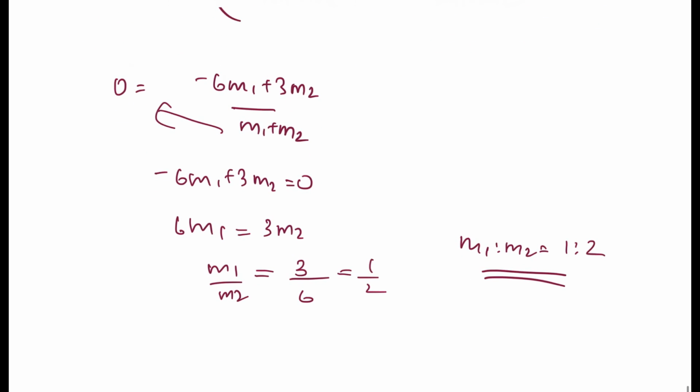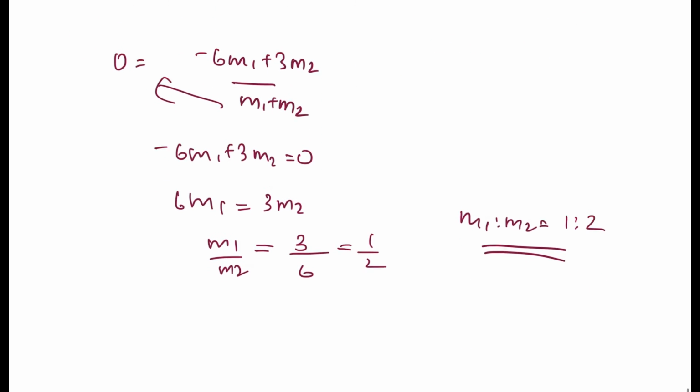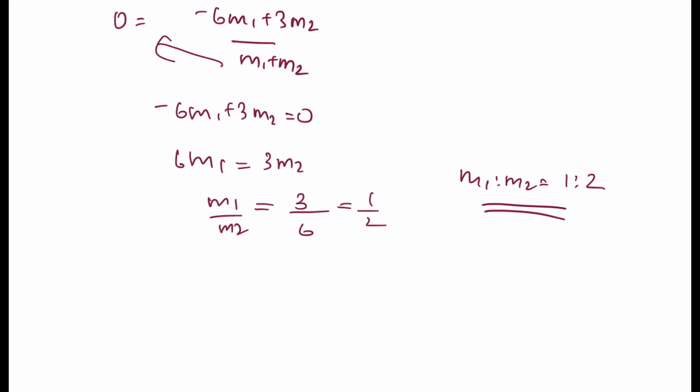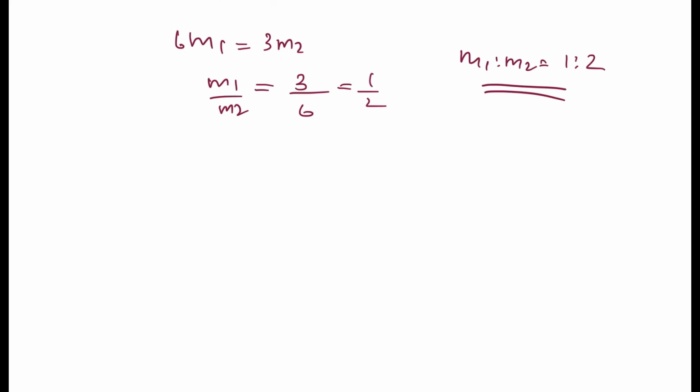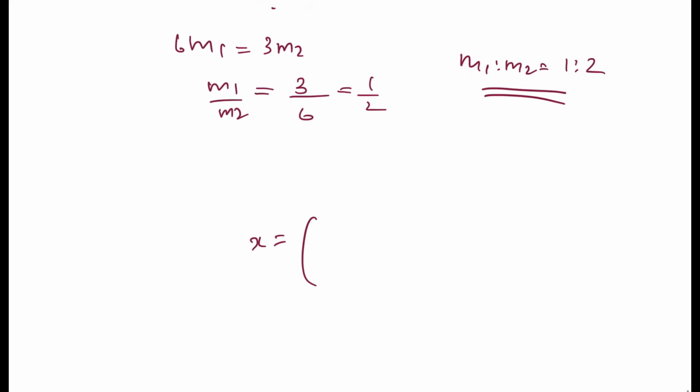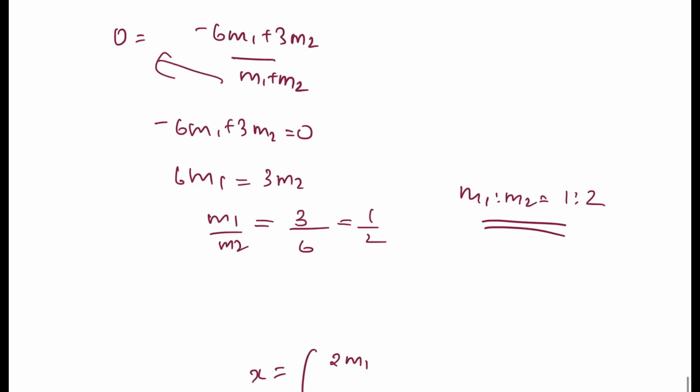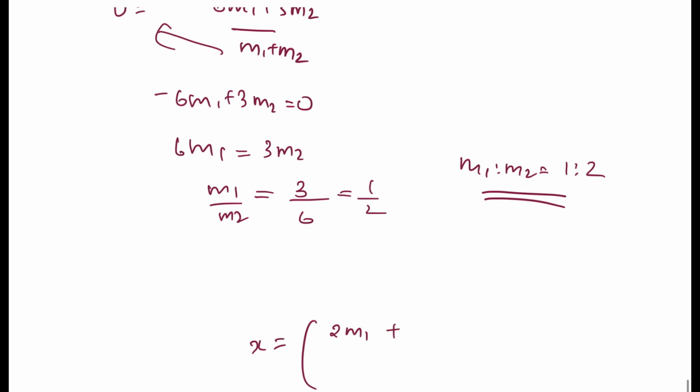So here you need to find the coordinates of the point of intersection also. So let us substitute and find the value of x here. What's the relation we have here? x is equal to 2m1 plus 4m2 by m1 plus m2.